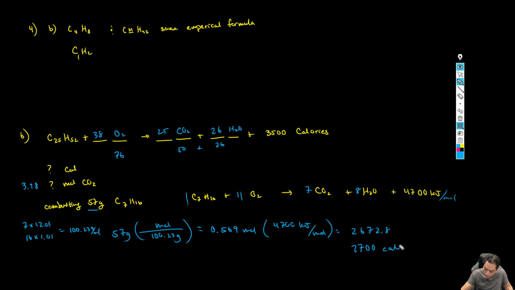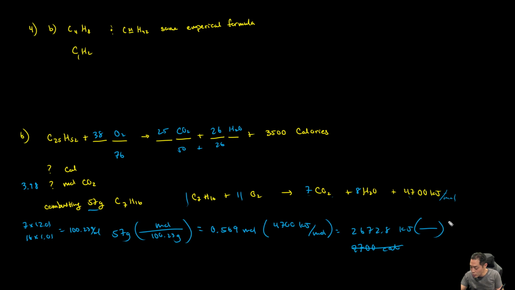Oh no, I messed up. This is in kilojoules. Let me erase that. And what do we want? We want to know calories. So we need to convert it. So this is kilojoules. So I know the ratio. Let me see if I have enough room. I think I do. All right, first I need to convert it to joules because I know the ratio is 4.184, I believe, joules per calorie. So I have kilojoules here, so I want joules, so it'll be 1,000 joules per 1 kilojoule.